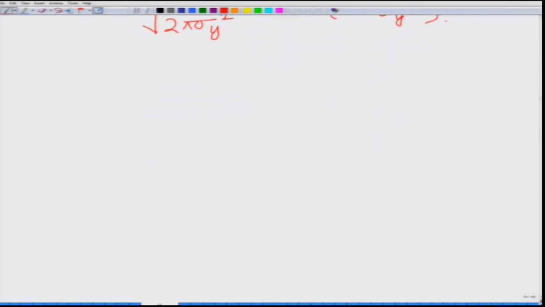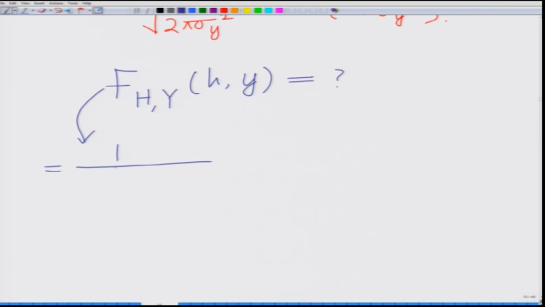Now, we want to come up with the joint probability density function of h comma y. This is a slightly complicated expression, so let me write it down and then you can see what this is.